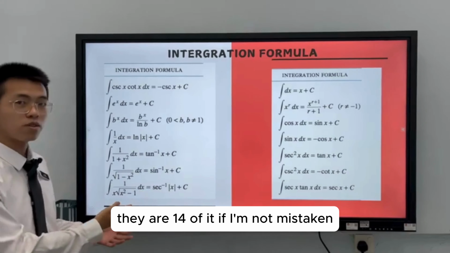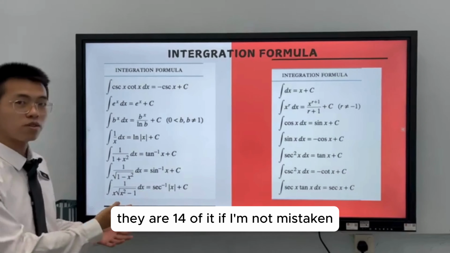When we integrate x power 6, we add 1 to the power. Then we divide by the new power, 7, which is 6 plus 1. And then plus c.